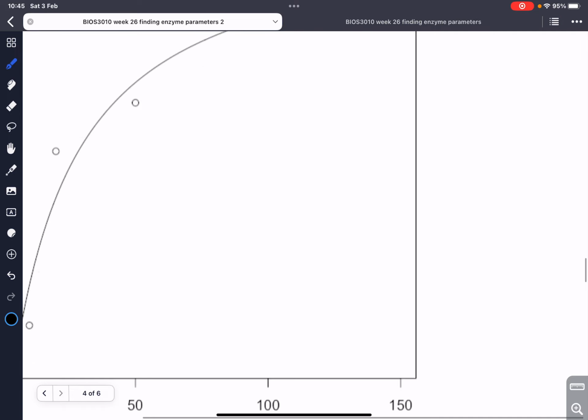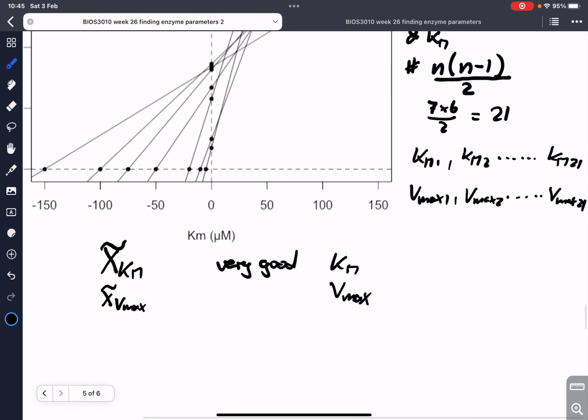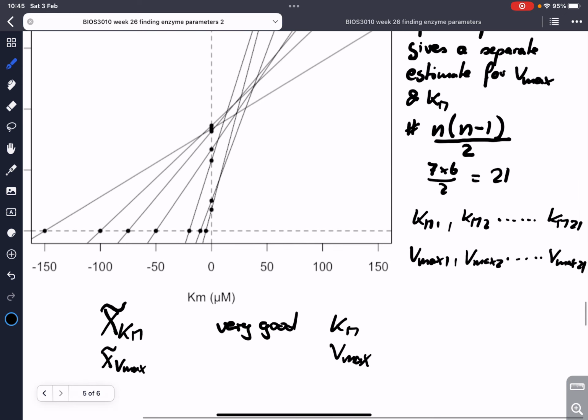We get a number of data sets, and for that we can determine a nice median. In terms of plotting, again, we don't need to do a lot of calculations. In fact, we don't need to do any calculations. We just plot directly the negative substrate concentrations versus the corresponding initial rates, and we get a number of lines, and from that we get these data sets and we can find out the median.